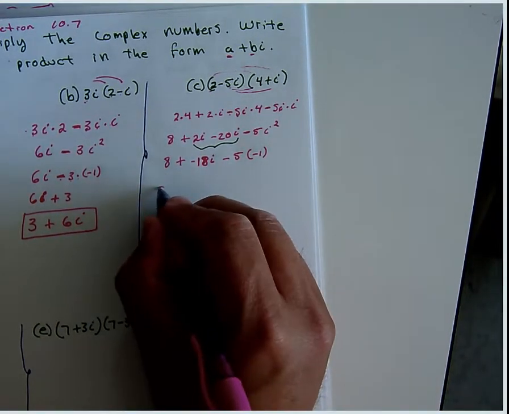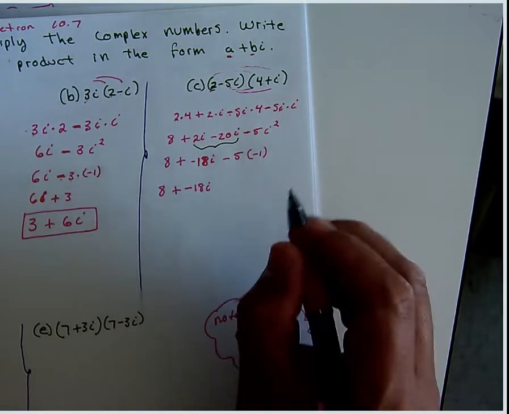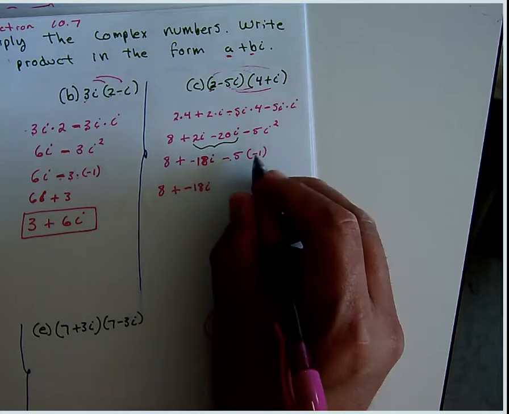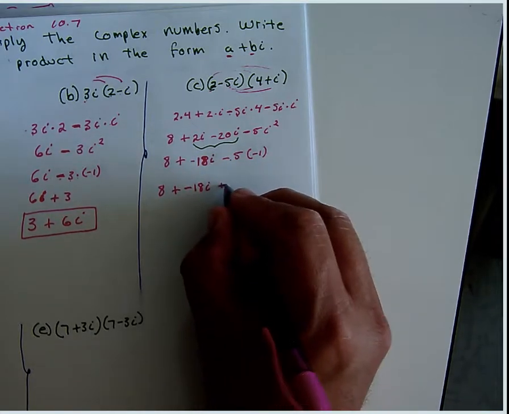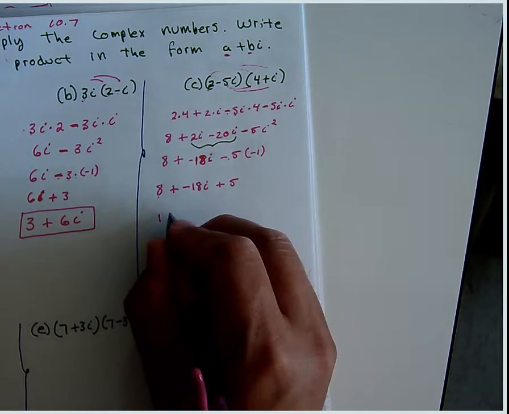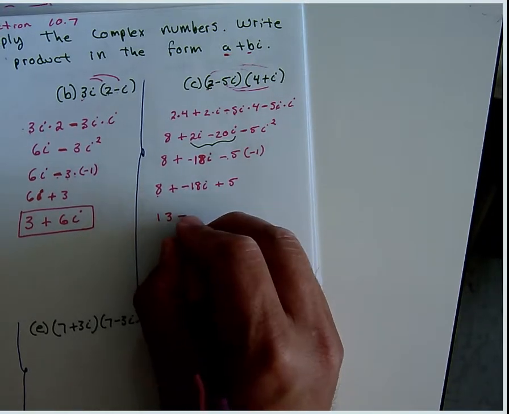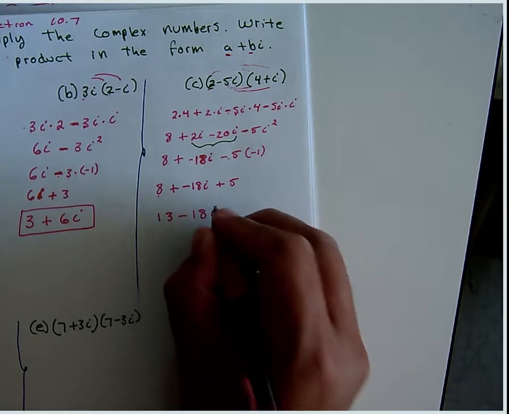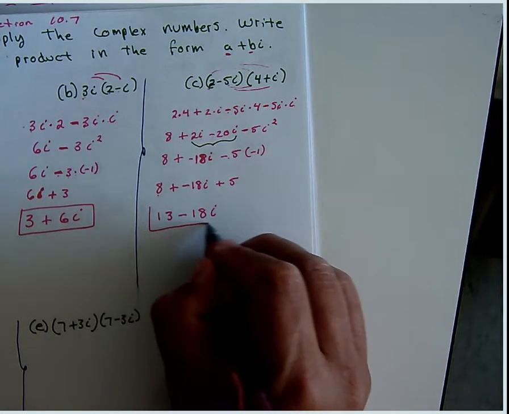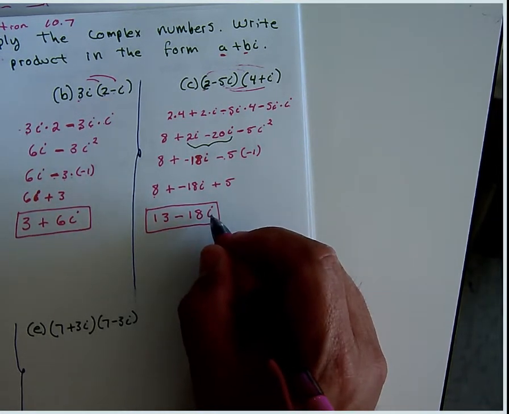So this would be 8 plus negative 18i. Negative 5 times negative 1 would be plus 5. So 8 plus 5 would be 13. And then I'm just going to leave the negative 18i. The answer has the number first, the imaginary part second.